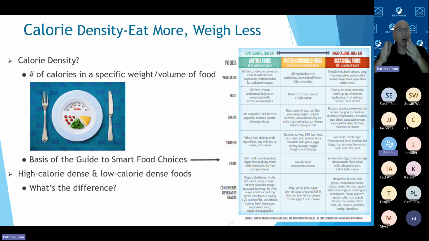That's why you really have to control the portions of those. And those occasional foods are the ones where the calorie content is really high based on its weight or the volume of the food. That's why you really have to limit your intake of those. And when you are consuming those, really cut down the portions of those. Okay.